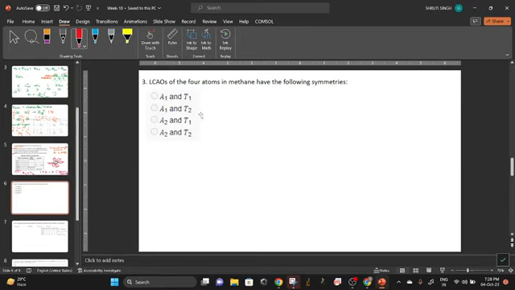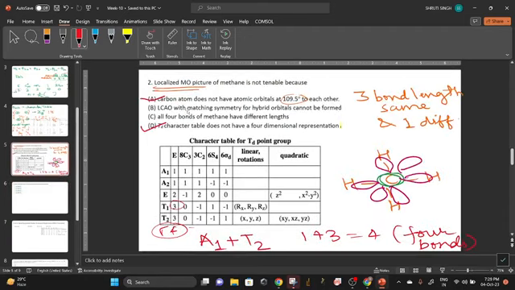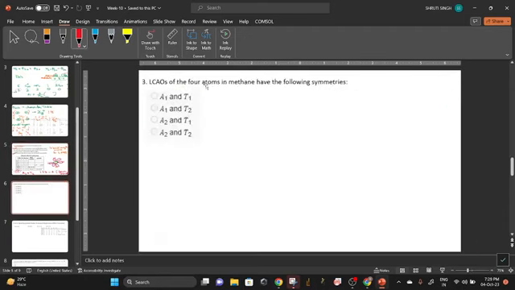So this question is again the same thing which I wrote here, A1 plus T2. It is asking about the LCAOs of the 4 atoms in methane and their symmetries. This has been solved in class.